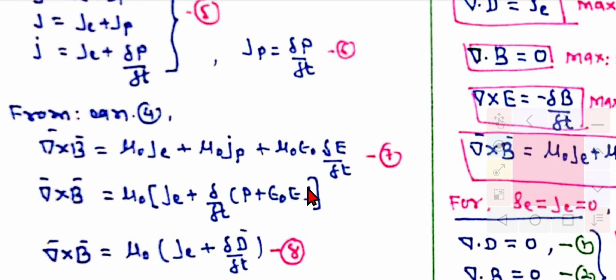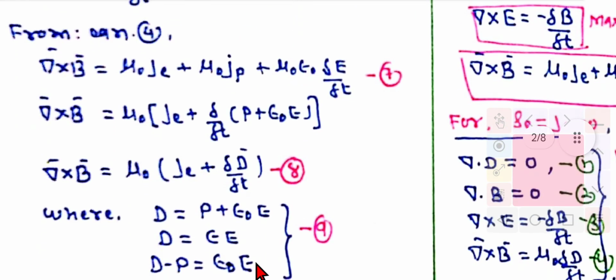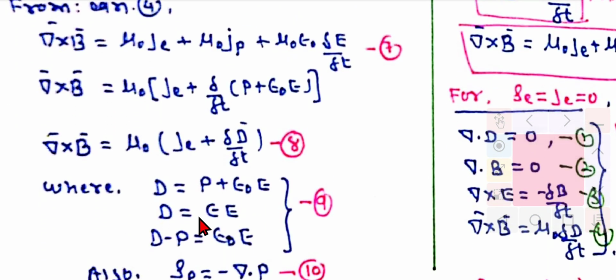When any dielectric material is placed under the effect of an external electric field, polarization is produced. Polarization vector plus epsilon 0 E gives us the displacement vector D. So curl of B equals mu 0 in brackets Je plus del D by del T, equation number 8, where P plus epsilon 0 into E equals the displacement vector.